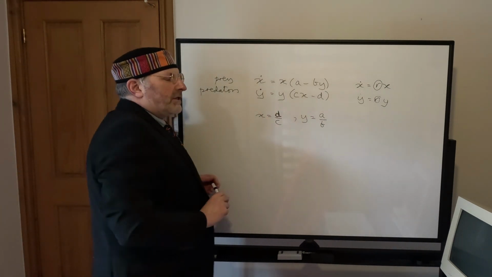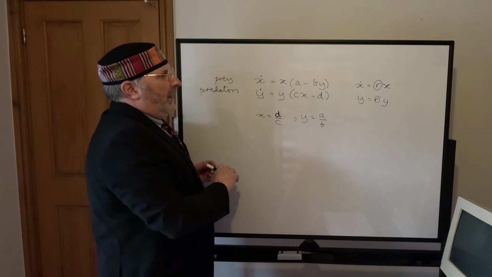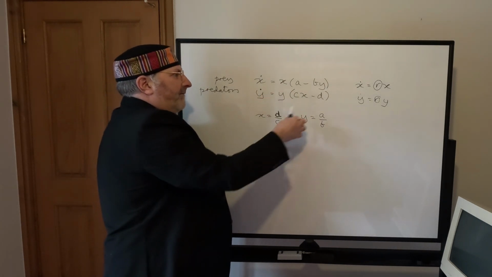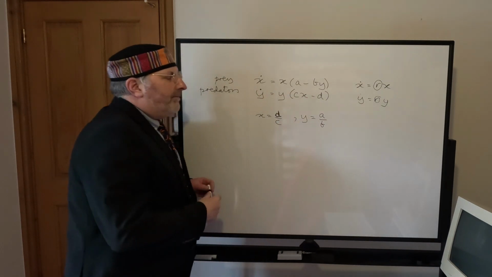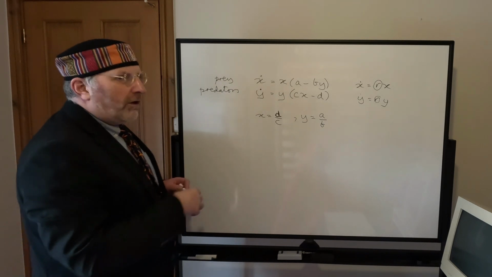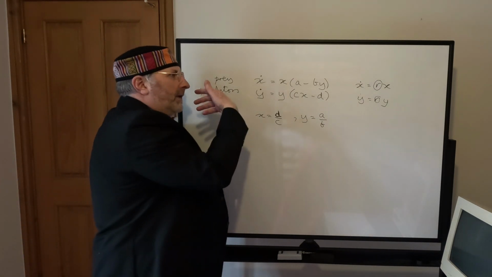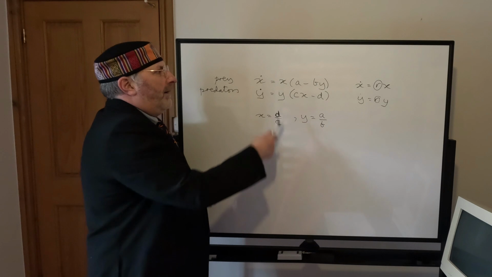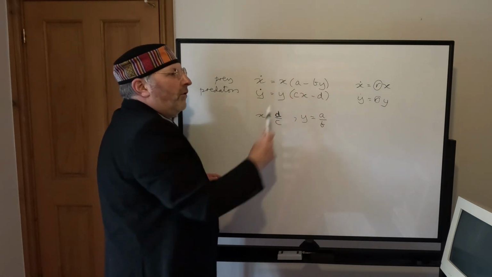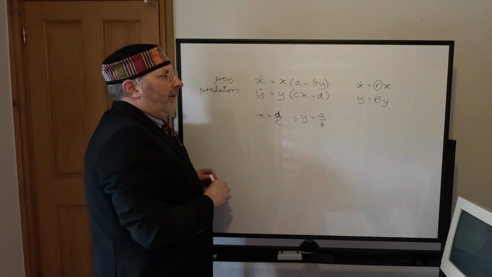Now, these equations can be solved, and the solutions aren't that difficult, but they're not that pretty. And usually systems like this are studied with computational methods, so we just simulate them. And I should say that this is the simplest form of the Lotka-Volterra equations.